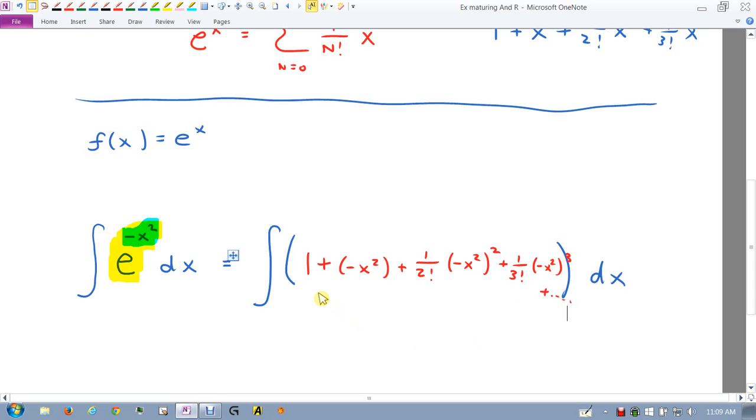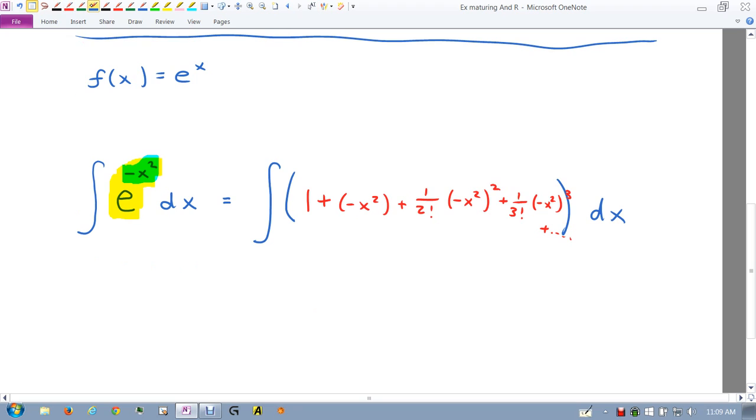And then I'll clean it up. 1 minus x squared. What happens when I take negative x squared and square it? It's to the 4th power, isn't it? And it's positive because you're squaring a negative. So this is plus 1 over 2 factorial x to the 4th.